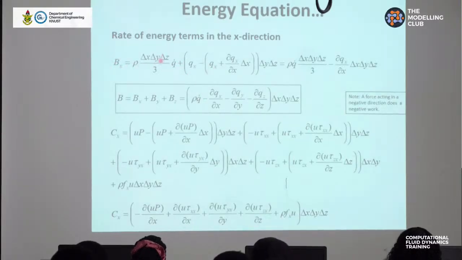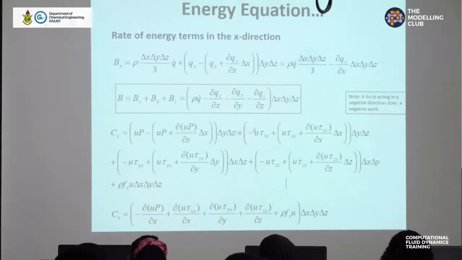This first term represents the volumetric energy generation within the fluid. And then you have here your conduction terms. And then if you add for the x, y, and z direction, you end up with this term here.